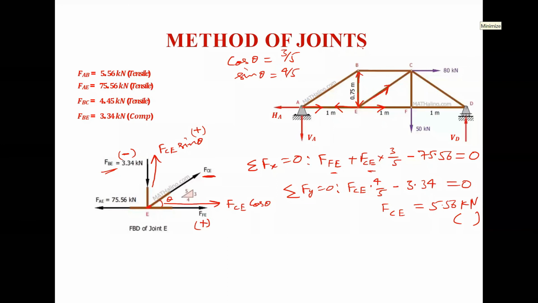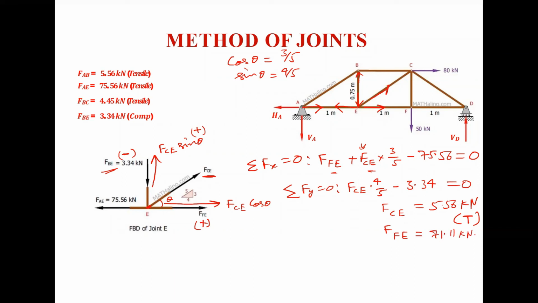Nature क्या होगा FCE का? What will be the nature of this FCE force? Tensile. Good. So we are getting tensile force along the CE member, and then if you put this value of FCE in this equation, then you will get FFE is equal to 71.11 kilonewton.